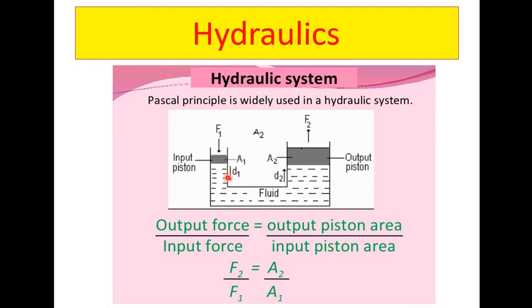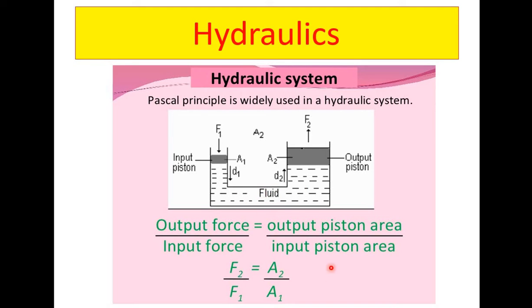Distance 1 and distance 2 show how far the piston moves, how many centimeters or meters the piston moves down or up. Inside here you have a liquid, which is the fluid.